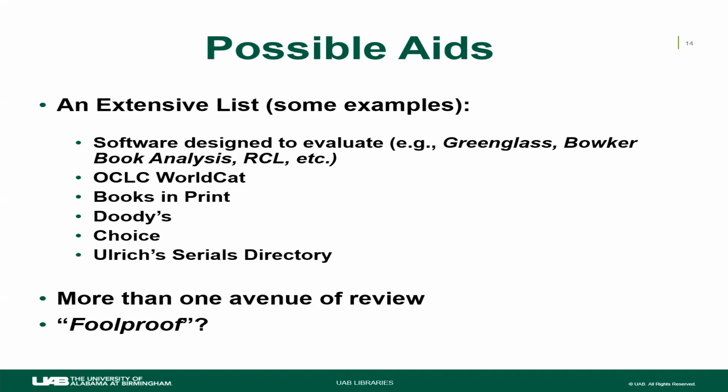Who has this? Where are they? And if they have it, do they lend it out in ILL? Because that becomes another piece. So there's all sorts of factors when you look at it. Nothing is foolproof. You have to go through and do it.